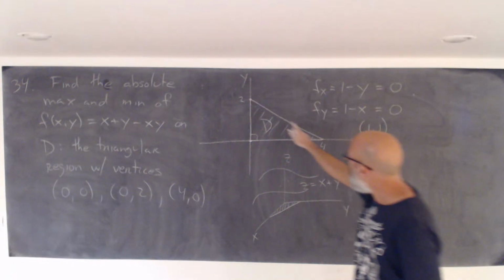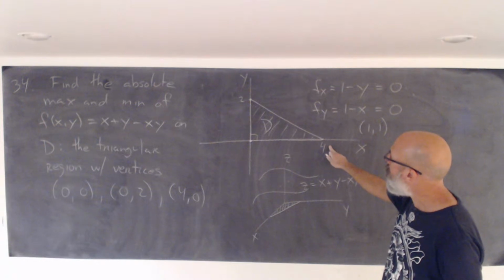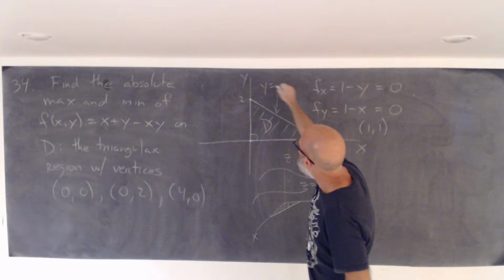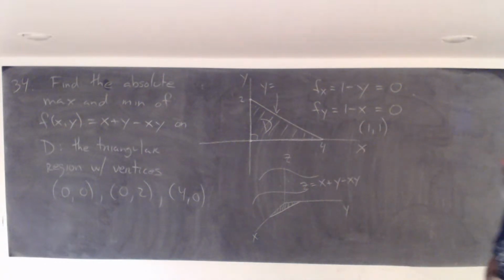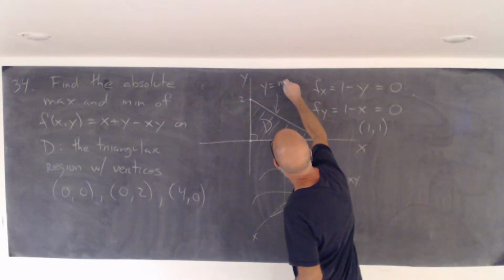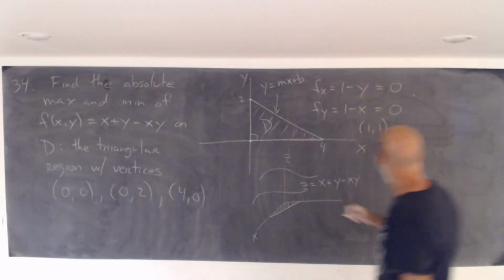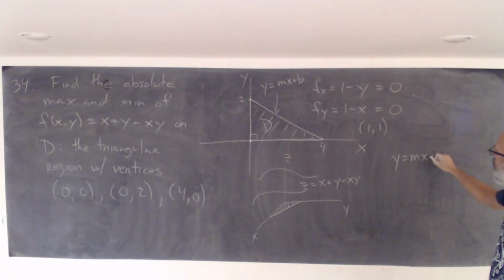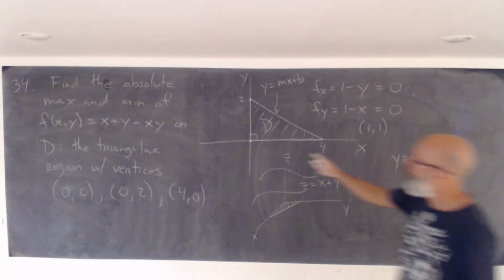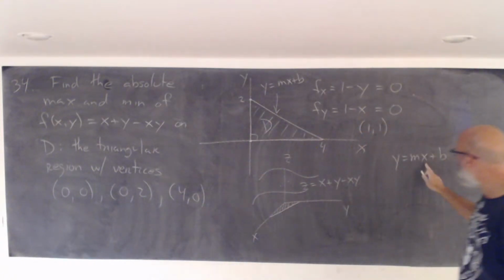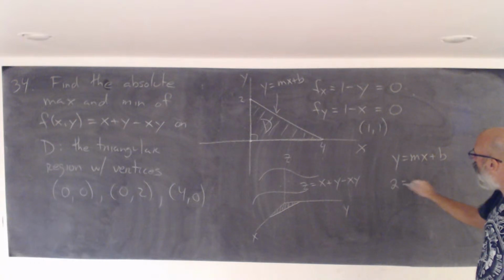The line joining these 2 points is what? Well, it's some line, mx plus b. I don't know what it is, but it goes through the point 0, 2. So when x is 0, y is 2.